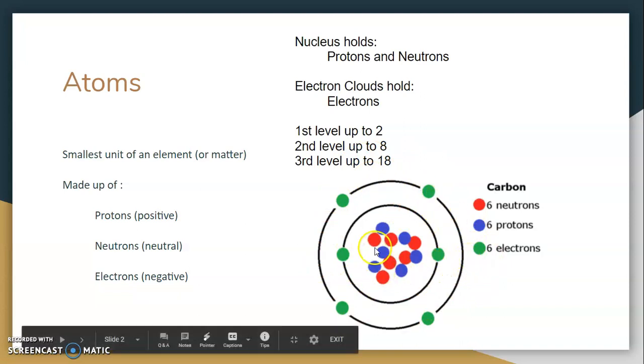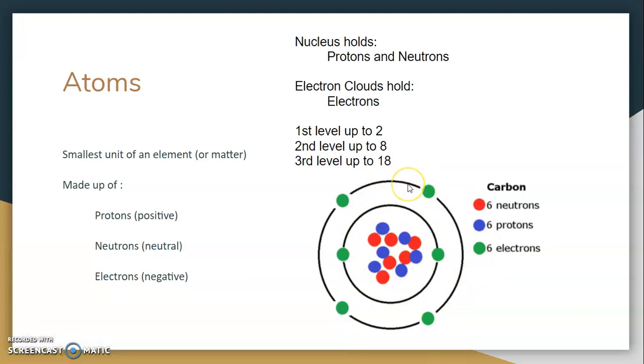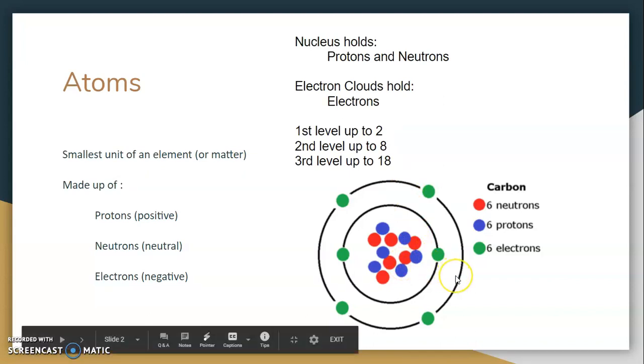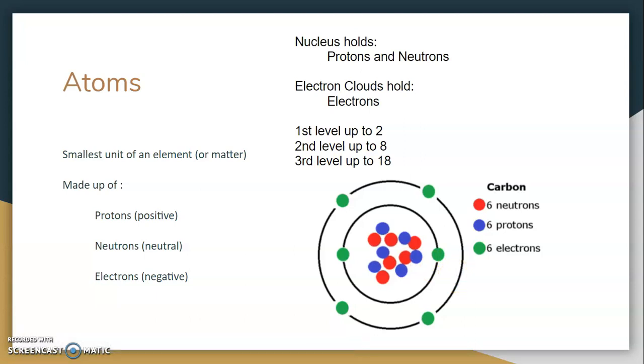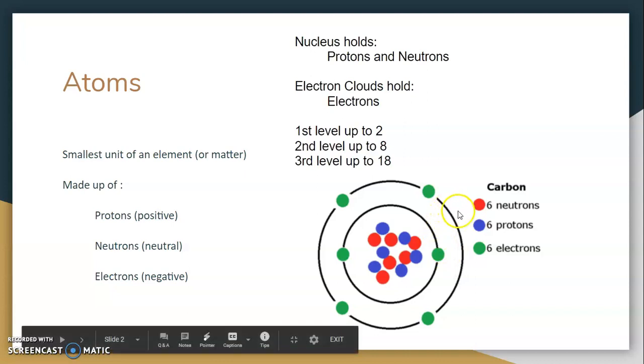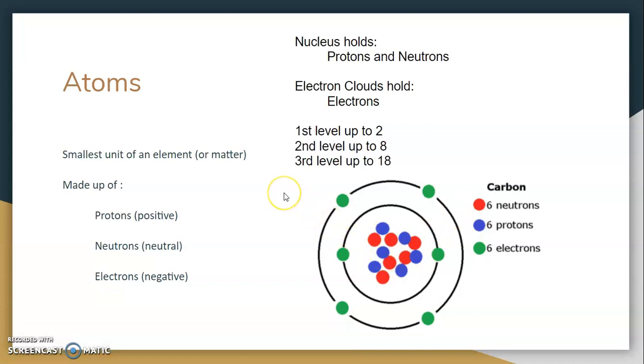So if you notice, there are 6 protons and there are also 6 electrons. And if you remember, how do we find the number of neutrons in the nucleus? You look at the element square, you take the atomic mass and you subtract the number of protons, and that'll tell you how many neutrons are in the nucleus. We'll talk about that more in a second. So we'll move on for now.